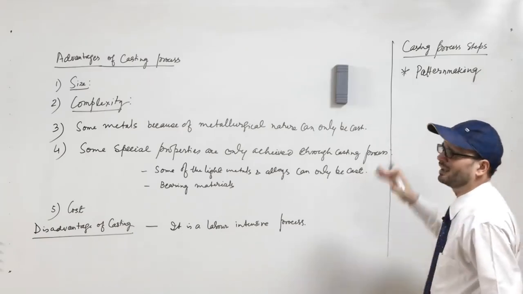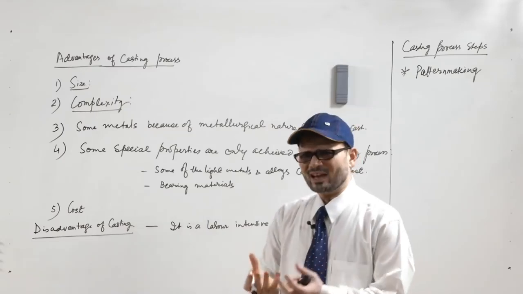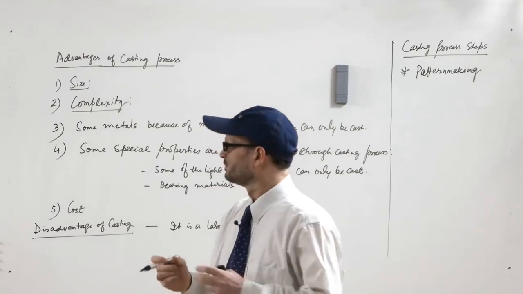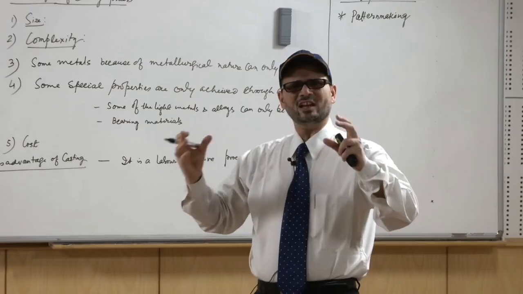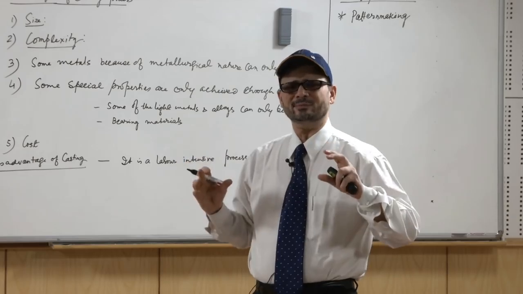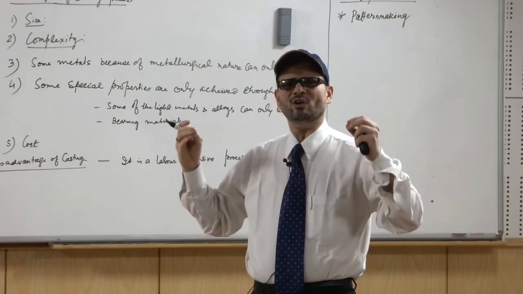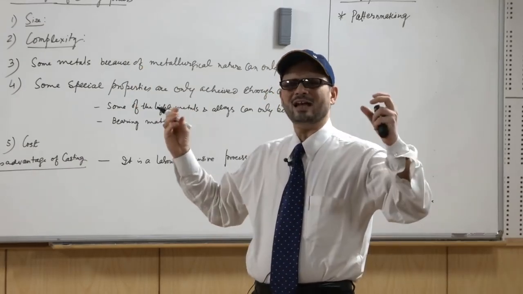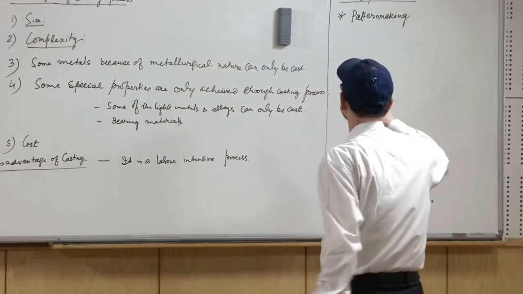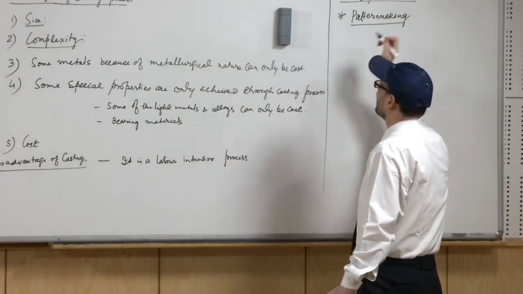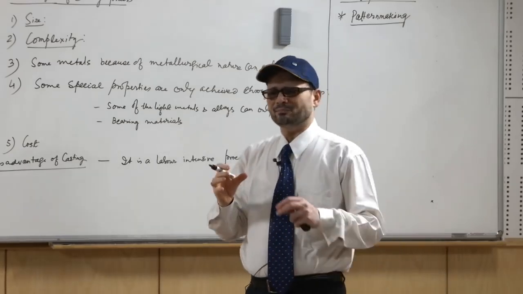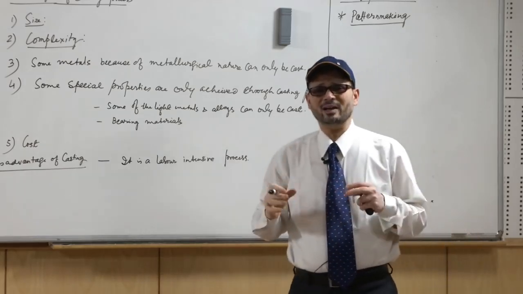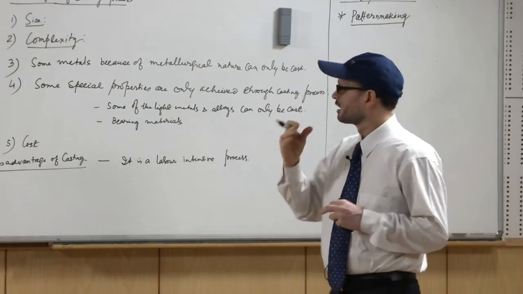This pattern making is a separate section which makes this product by considering the allowances. Also it gives the provisions for supporting the cores which comes later. For that core prints is there, and this is very important because depending upon the accuracy and the finish of the pattern, you should also expect the quality of cast product.